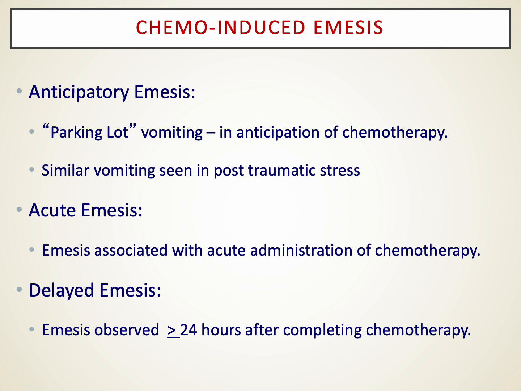Anticipatory emesis is often not dissimilar from patients who have post-traumatic stress, who have nausea and or vomiting when re-exposed to a stressor. So if a patient has a bad experience in a prior treatment for chemotherapy and has a lot of nausea, vomiting with that chemotherapy, when they come back for their second, third cycle of chemotherapy, before they even get into the building to take their chemo, they have an almost post-traumatic stress reaction, an anxiety-related reaction called almost parking lot vomiting.